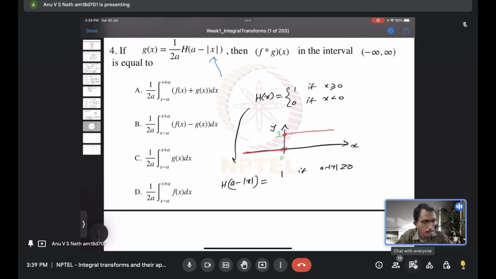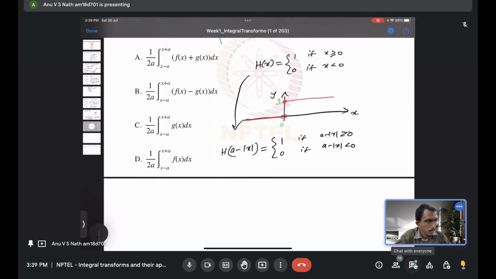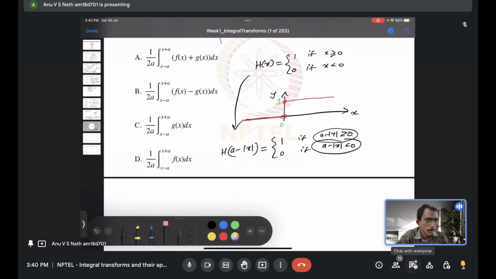This follows from this definition, replacing x with a minus mod x, and then 0 if a minus mod x is less than 0. So this also can take two values, 1 and 0, depending on the value of x.